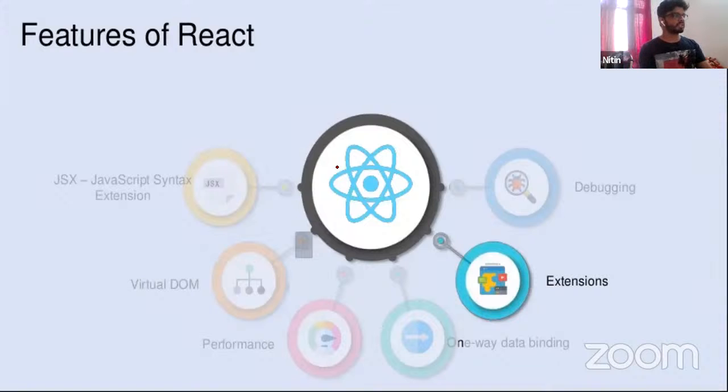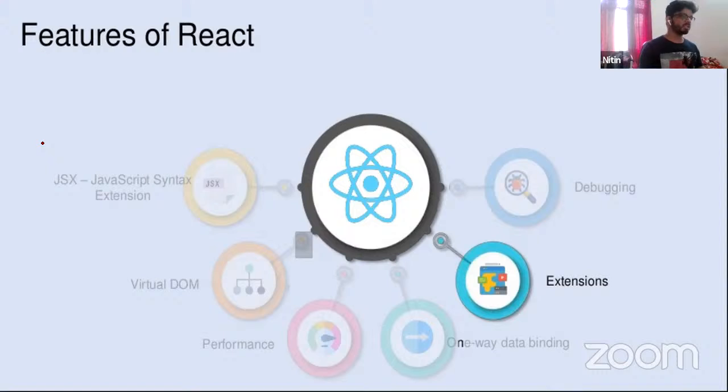Then we come to extensions. What extensions are basically, if you look at it this way, we have JavaScript. Okay, we have JavaScript. React is a JavaScript library. JSX. JSX is an extension of JavaScript because it allows us to do something more than what JavaScript allowed us to.